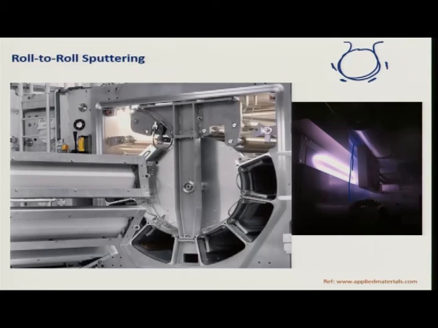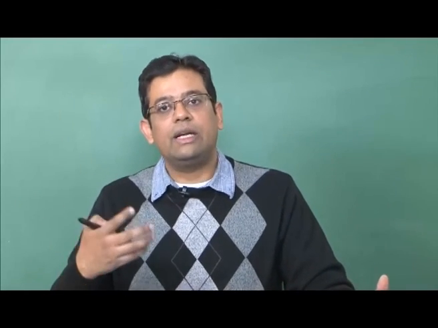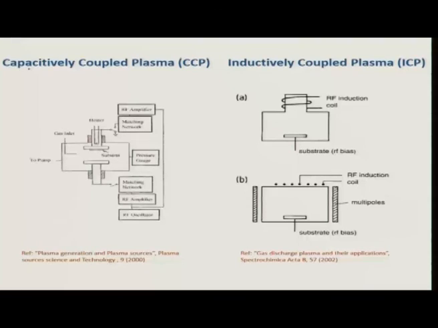Okay. So, we had discussed that we can use AC plasma, we can use a magnetron where we have a magnetic field. Now, we can also couple these two. Okay. How do we do that? We can have a capacitively coupled plasma or an inductively coupled plasma.